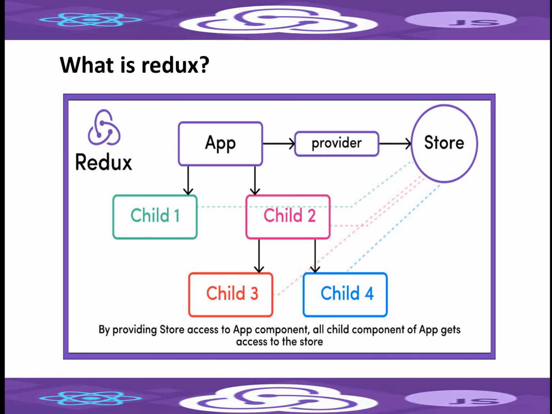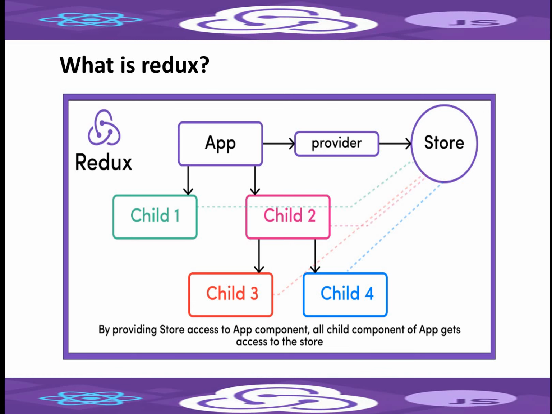Let's suppose I'm making some changes in child 3, then the child 3 component can directly subscribe to the store, right? It would be accessible by providing store access to the app component. All child components of app get access to the store by default. So you need to give access to the store only on the app component, and it would be available to all the respective child components of that.